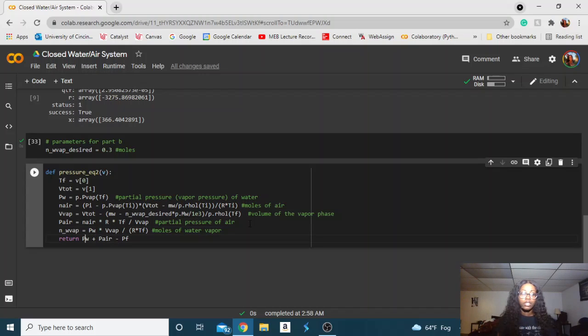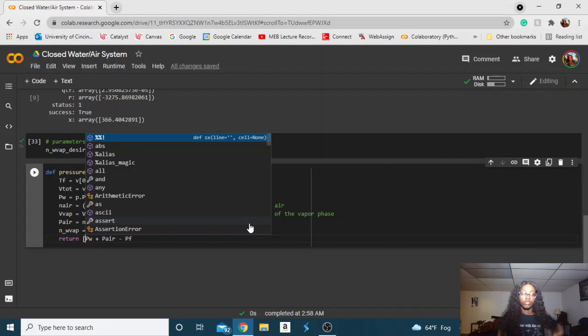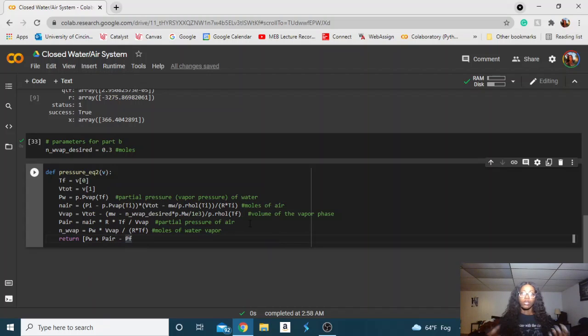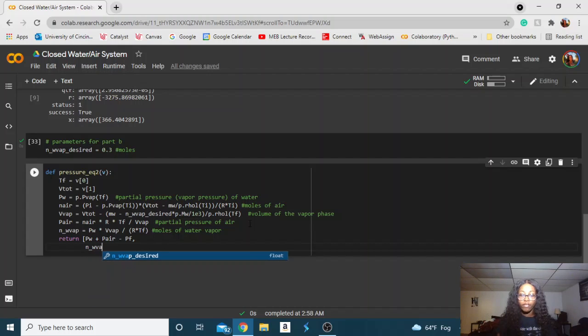And so finally, in the last problem where we only had one equation and one unknown, we only returned a single equation, but since we have two, we have to return both of those. And our second equation is going to be the moles of water vapor minus the moles of water vapor desired, and set that equal to 0.